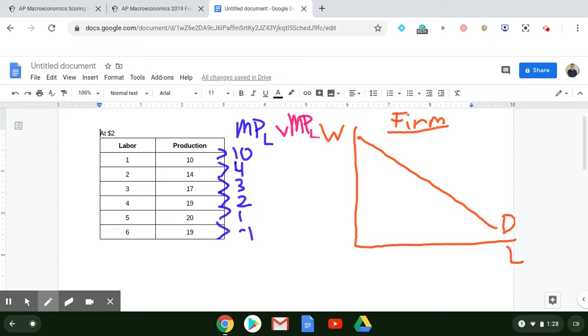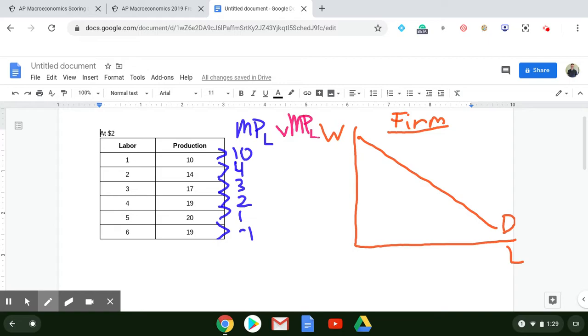So what we're going to calculate is something called the value of marginal product of labor. Each unit of labor has a marginal product, how each unit of labor adds something to our production. And the value that it adds is how much it produces times how much that production is worth. So we take our marginal product and multiply it by the price for each unit, which is $2.